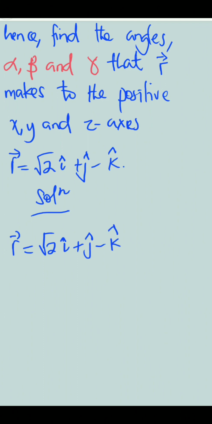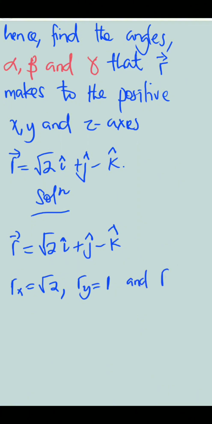Now this simply gives us three components, x, y and z. The x component for this particular vector is equal to the root of 2. The y component is simply equal to a positive 1, since that's the coefficient multiplying j, and the z component is equal to negative 1, the coefficient of k.